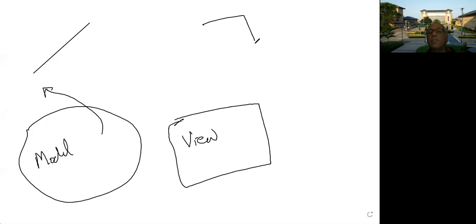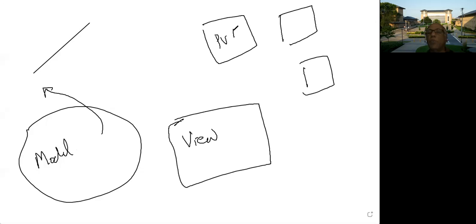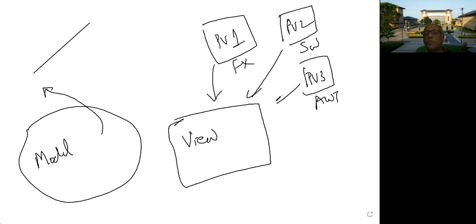And there are lots of physical views. I mean, technically, there can be many physical views. So let me call them PV1, PV2, PV3. Let's say this is FX, this is Swing, and this is AWT. So they have their own technologies. They are all registered. They are all observers of this view.